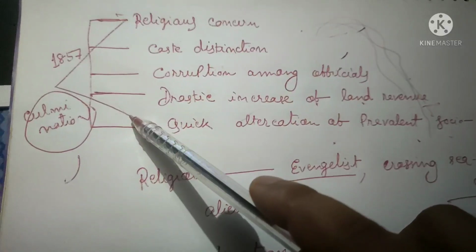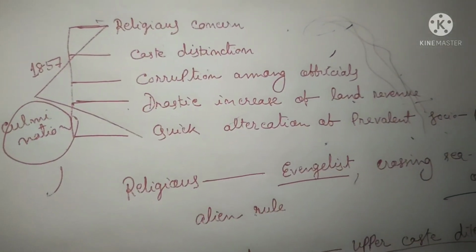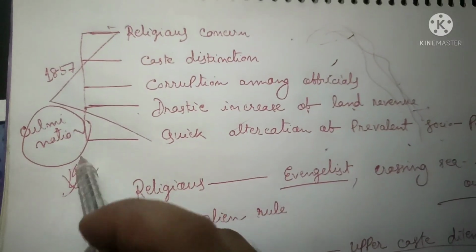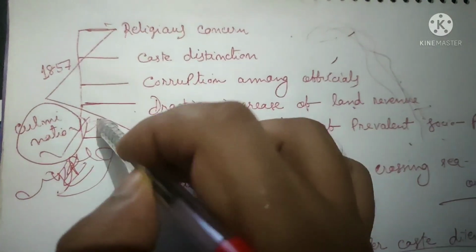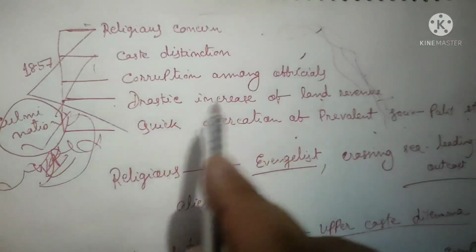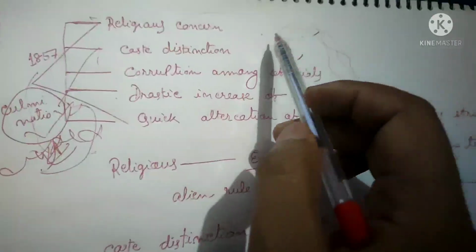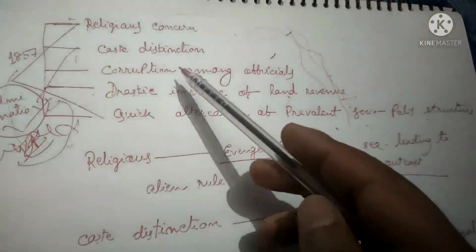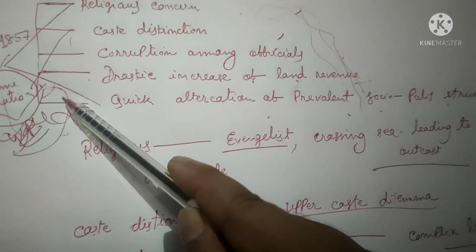These are some factors which aggregately contributed to the uprising of 1857. This is the meaning of the keyword culmination: the peak point. These are the factors which culminated in the 1857 uprising, and against each point you have to give some examples. For example, what do you mean by religious concern?